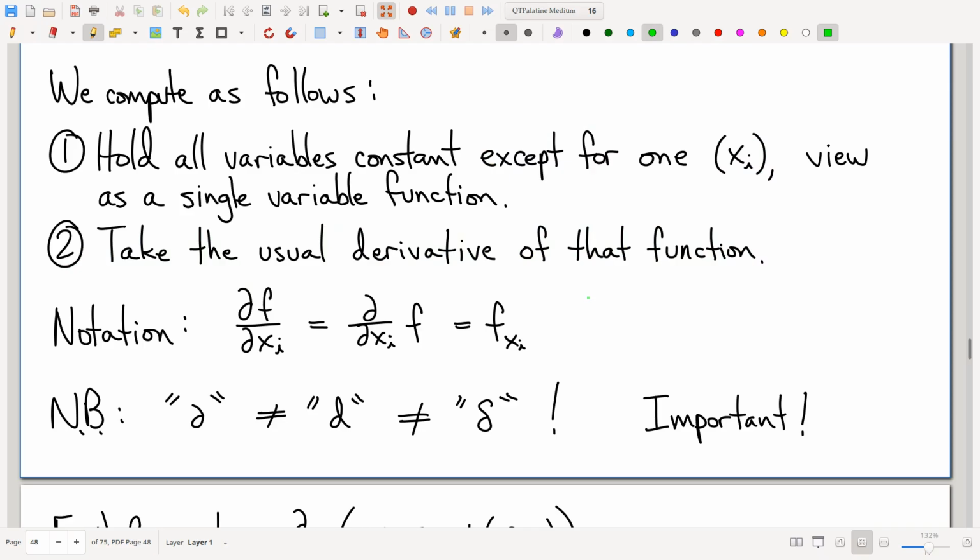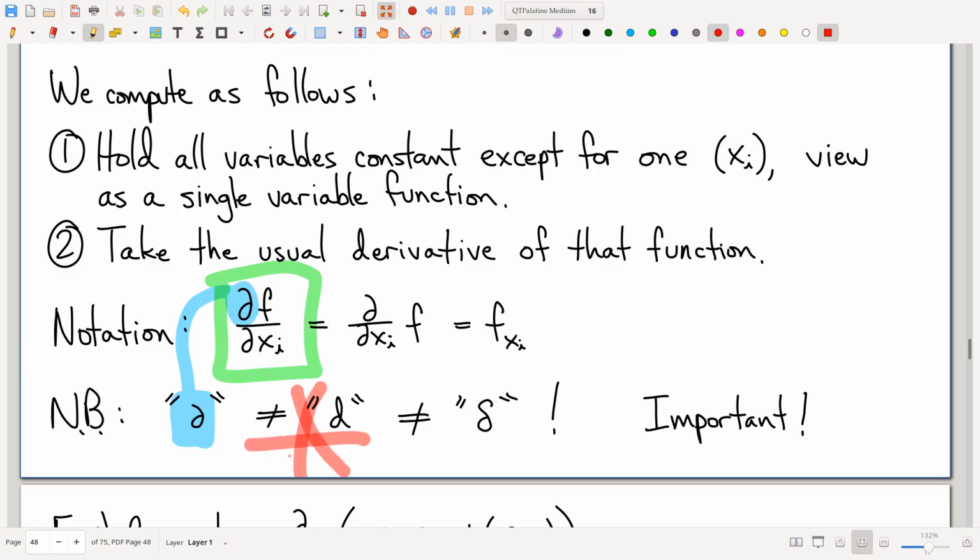Okay, a notation we just have to write down. This is the most common notation for how to write a partial derivative. You will notice this little symbol here. It looks kind of like a D. Very importantly, it is not a D. You cannot write it as a D. That would mean something different, and it's not an alternative, and it is not acceptable, and you'll lose points, etc. Right?